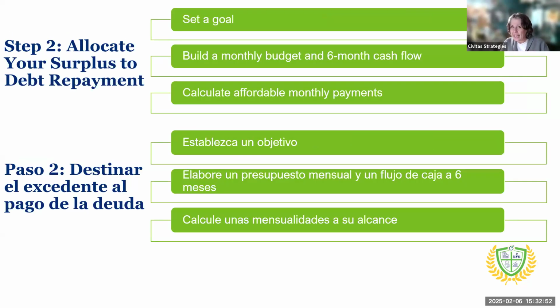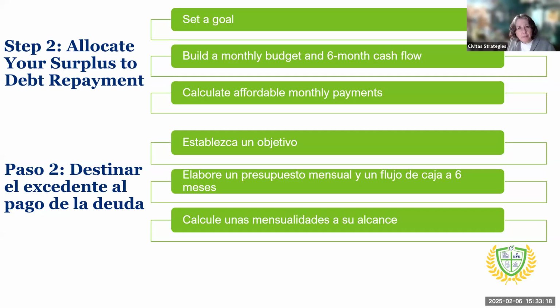All right, so we've got that actual extra money now. We have a surplus in our cash flow. So now we're going to take that surplus and put it towards our debt repayment. We're going to set a goal and stick with it. We're going to calculate how much a month we can afford to pay towards our debt, and then really jump in.